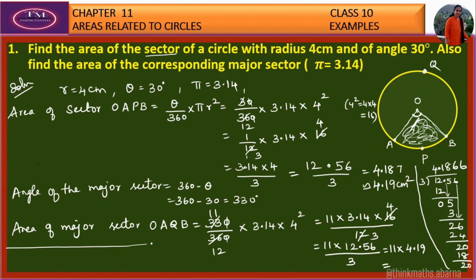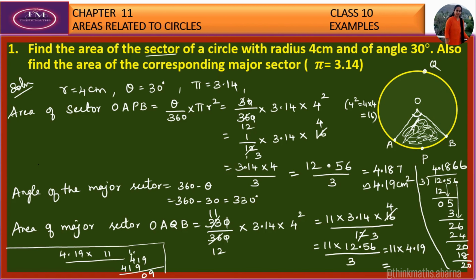Let me do the calculation here. Instead of writing 11 into 4.19, we can write 4.19 into 11. If you multiply by 1, you will get 419. Again multiply by 1, you will get 419. Adding 9 here, 1 plus 9 is 10.